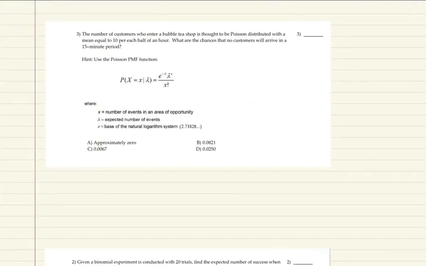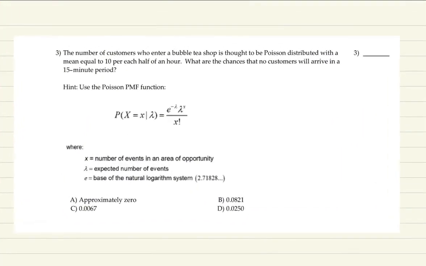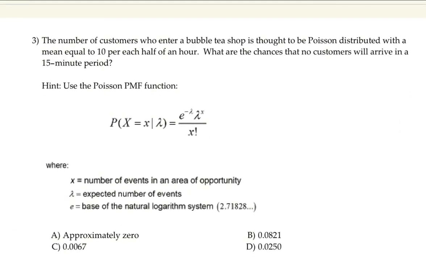Let's move on to the next one. The number of customers who enter a bubble tea shop is thought to be Poisson distributed with a mean equal to 10 per half an hour. That is the first hint. What are the chances that no customers will arrive in a 15-minute period?